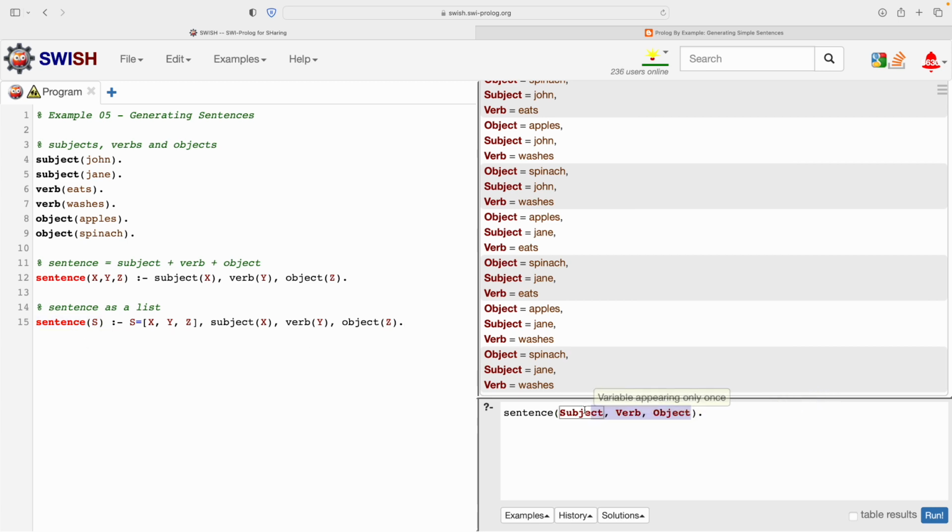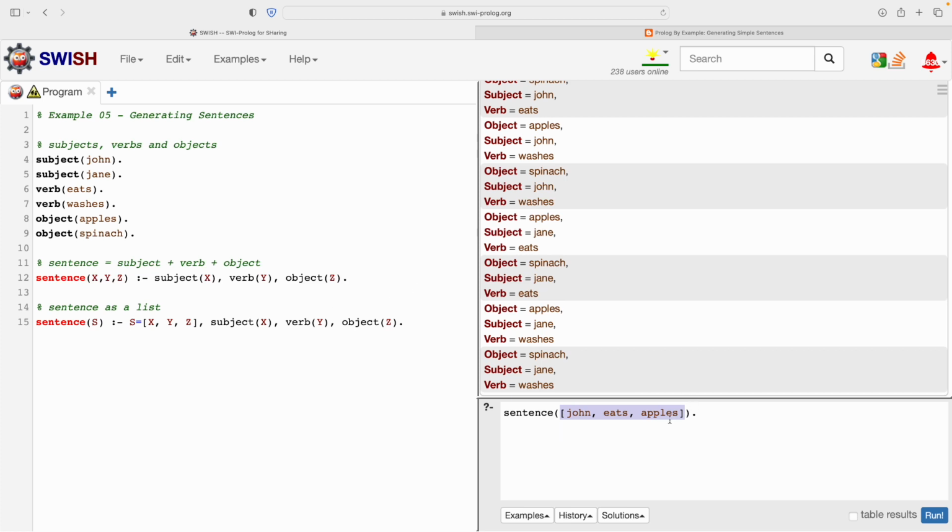Let's try that. Let's create a sentence. So, John eats apples. So this is our list, just that. And we're passing that list. Remember, putting things in square brackets creates a list which becomes one object. It's a compound object consisting of 3 things inside it, but it can be treated as one object.